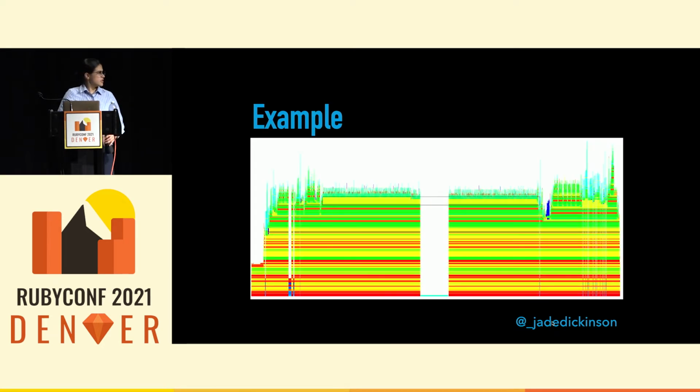So this is an example of a big horizontal section. I've outlined it in a rectangle at the top. This is from what was formerly the third slowest controller action in one of the lists that I showed you earlier. This indicates we're spending a lot of time in one method.